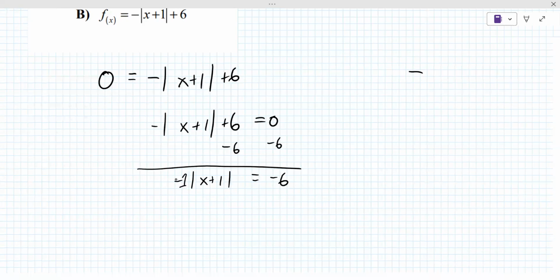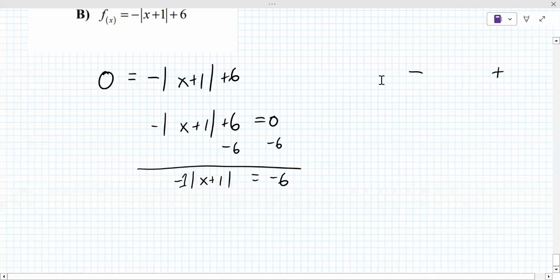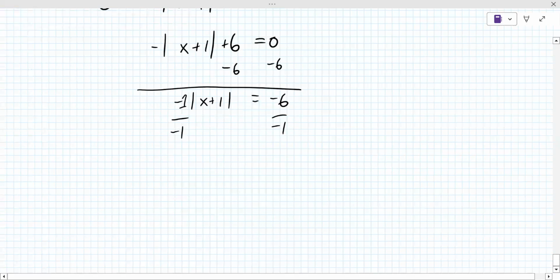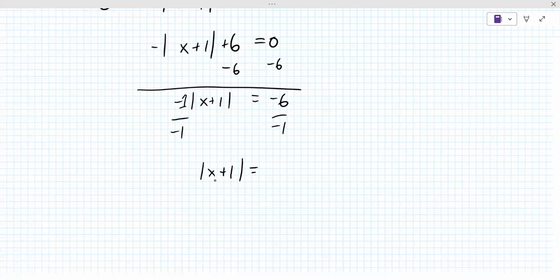Why do you undo addition or subtraction with addition? Would you divide it by 1? By -1. You divide by the number that's in front. Okay, so now it's absolute value of x plus 1 equals 6. Go ahead and solve that from here.